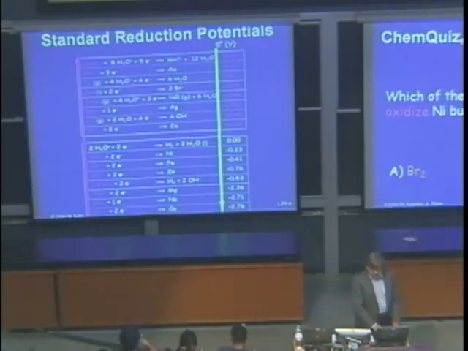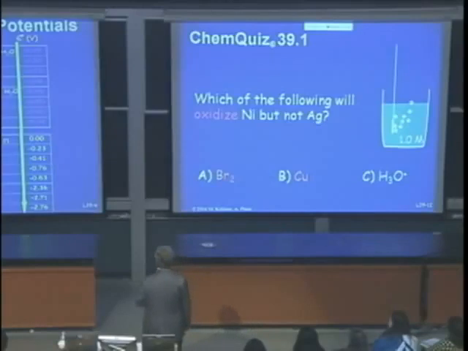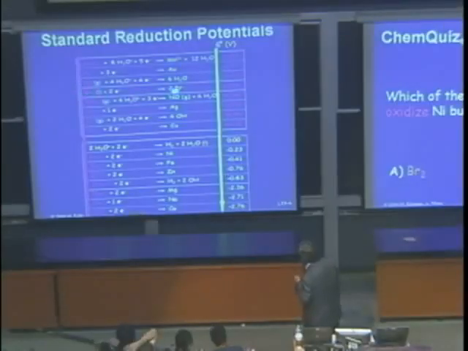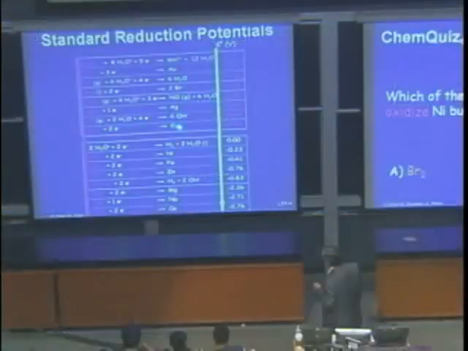I ask you the question now, which of the following will oxidize nickel but not silver? Oxidize nickel but not silver. So bromine is here. Bromine goes to bromide. That's an oxidizer, has positive potential 1.06. Then the next one is copper. Copper 2 plus 2 electrons gives copper.